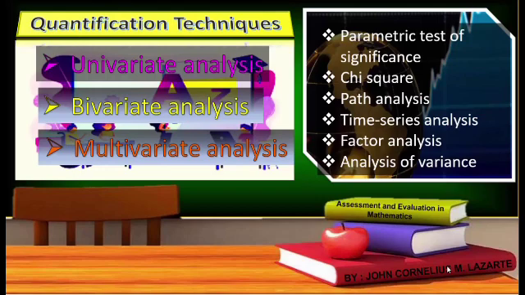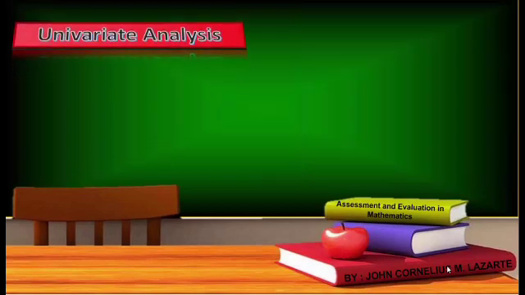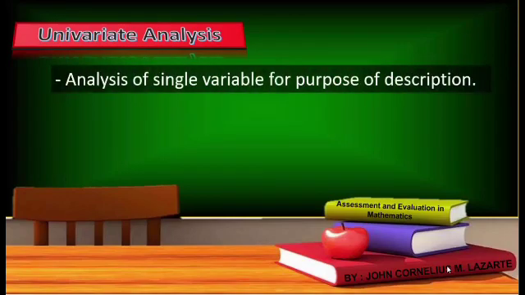Let us deal with this. First, we have univariate analysis. Univariate analysis is an analysis of a single variable for the purpose of description, like for example when it is applied to attendance.